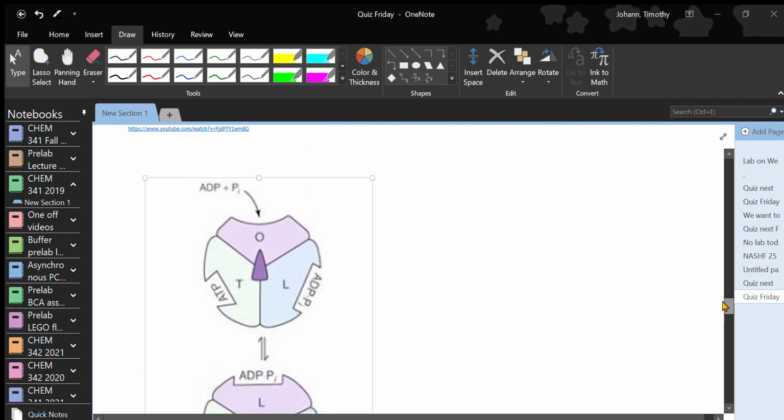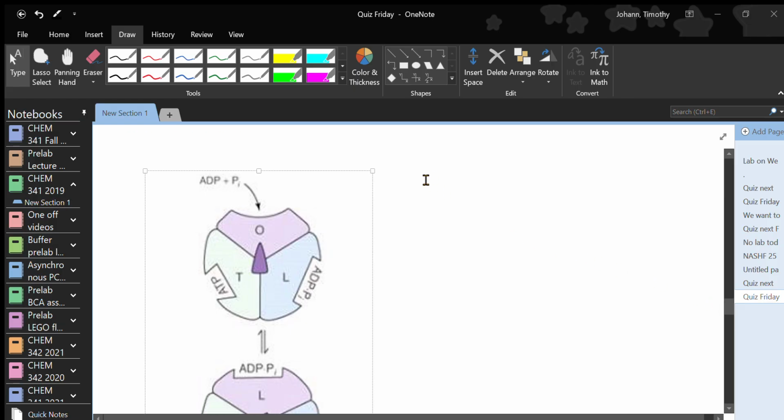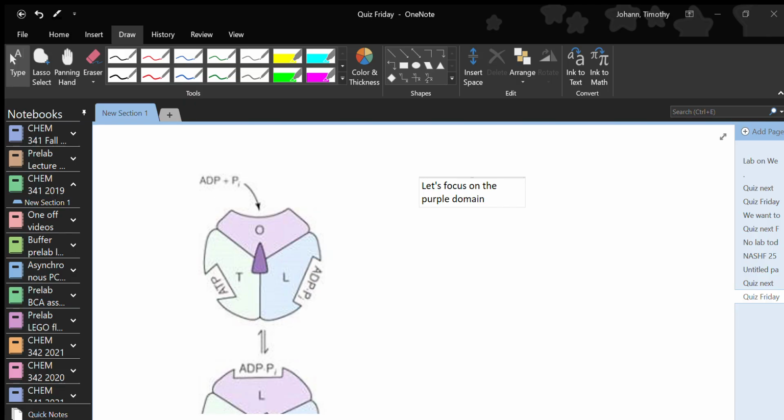All right. Let's focus on the purple. I'm going to call it a domain. I was just calling it subunits, but I'm going to change to domain. That's made up of alpha and beta subunits.